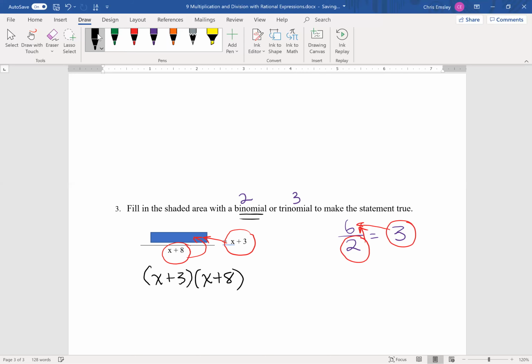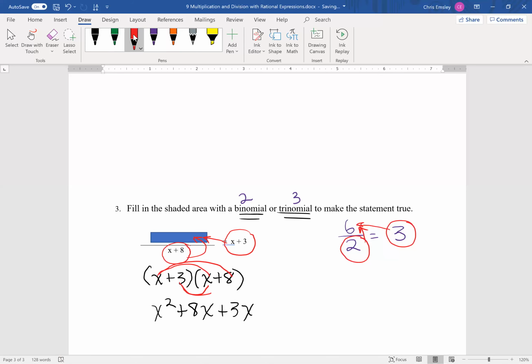Since it asks for a binomial or a trinomial, we need to go ahead and multiply this out. So you can distribute or FOIL, however you like to think of your multiplying. X times x is x squared. And then we get an x times 8, which is 8x. And we get a 3 times x.